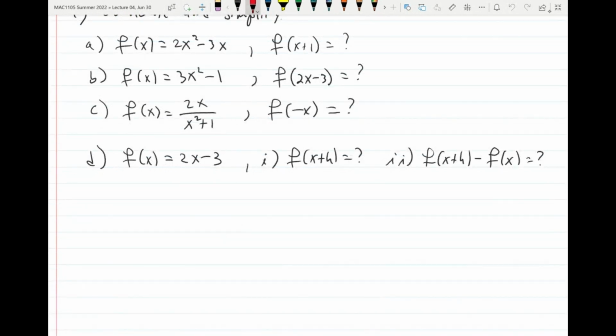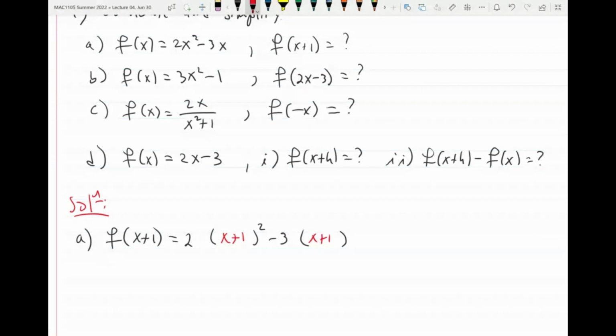Solution. For the first one, we want to find f of x plus 1. Well, this is my equation. Instead of x, I put parentheses, and inside the parentheses, I put what is given. I'm given x plus 1, that's why I write x plus 1.